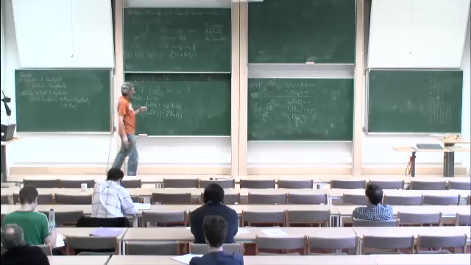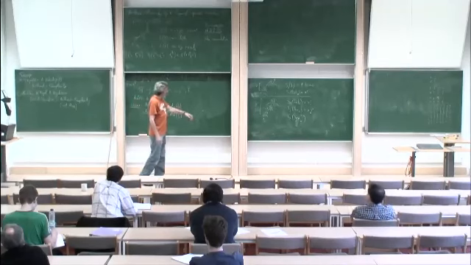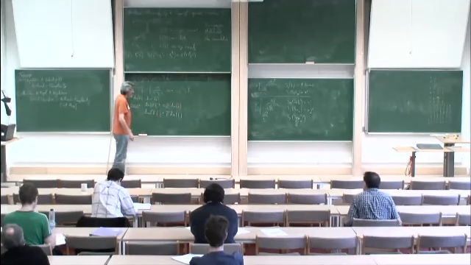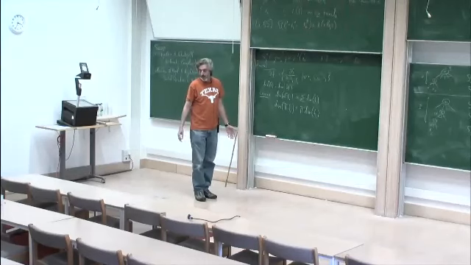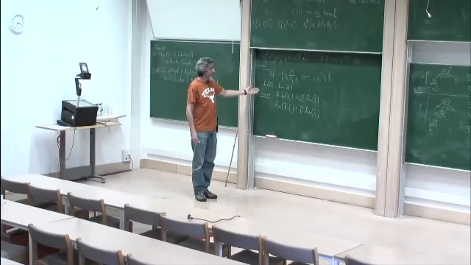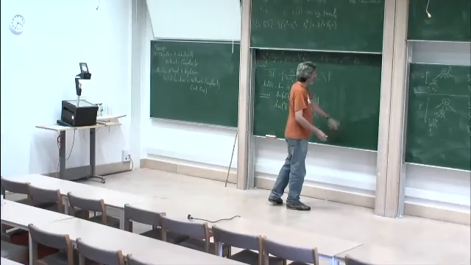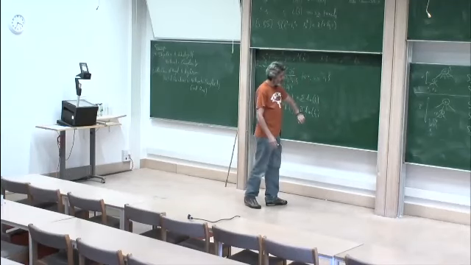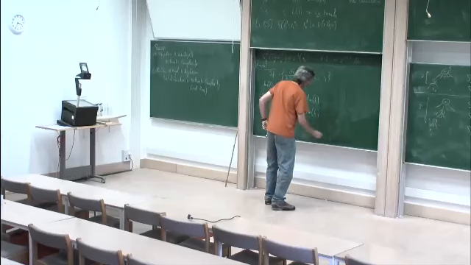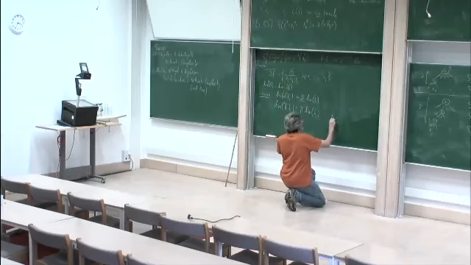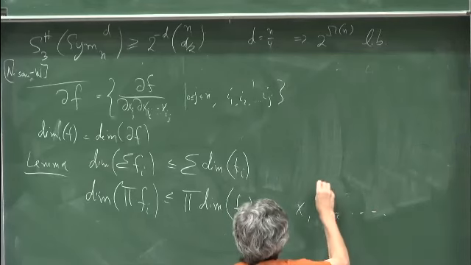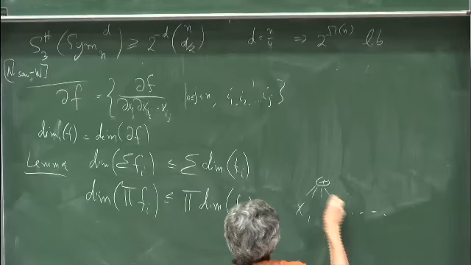Now, if we have a depth-three circuit, I'm going to upper bound this number for a depth-three circuit of size s and degree of multiplication d. So it looks like this. We have variables at the bottom. Then we have plus gates.